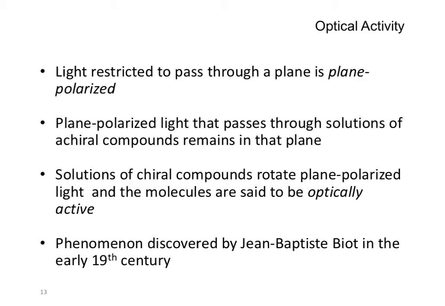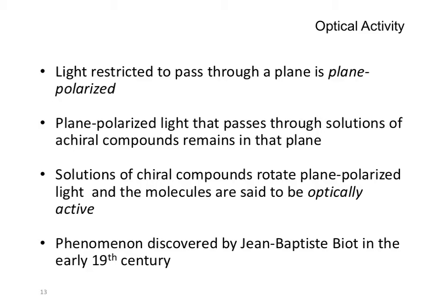This study was first investigated by a French physicist. His name was Jean-Baptiste Biot, who basically looked at the plane polarized light. What he did was that he took a beam of ordinary light consisting of electromagnetic waves that oscillated in an infinite number of planes.